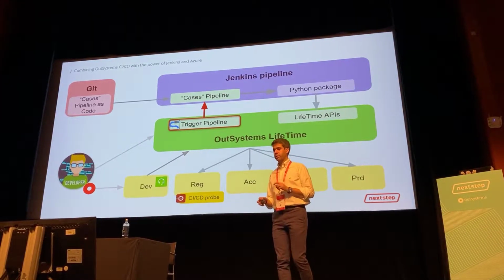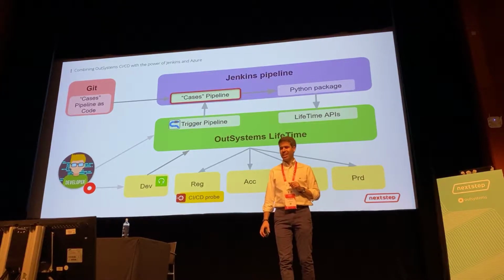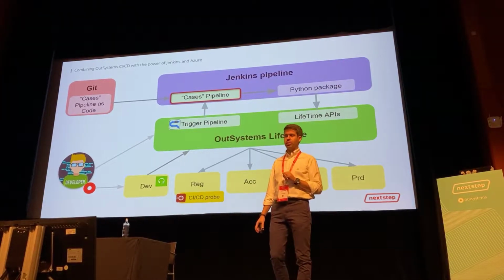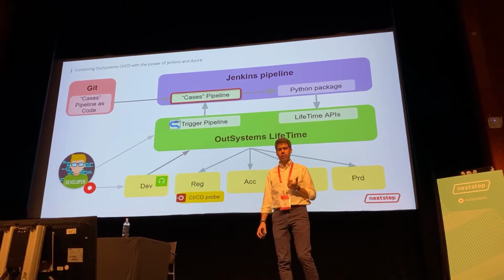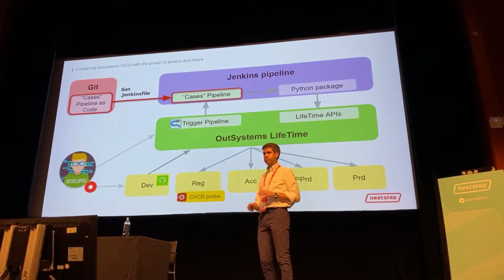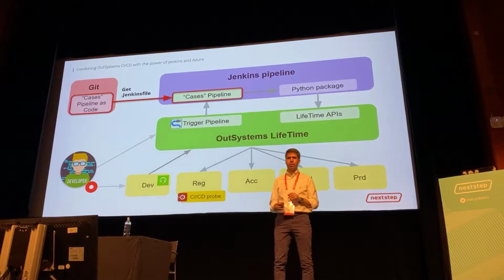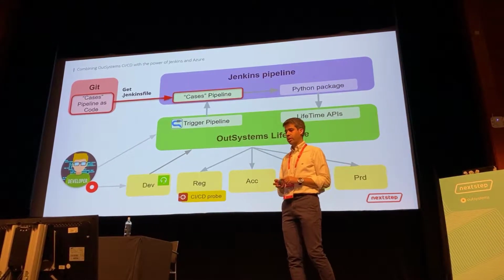So the first thing the trigger pipeline will do is, of course, trigger the pipeline in Jenkins, and the cases pipeline will fetch the configuration of my pipeline from my repository. In this case, I'm using Git, and it will fetch all the configurations of my pipeline, all the steps that should happen inside my pipeline.